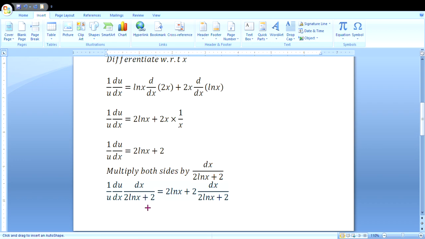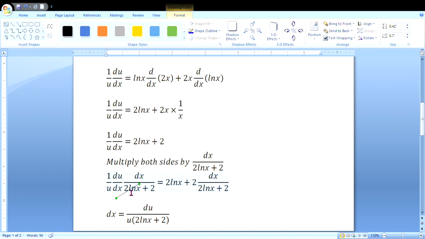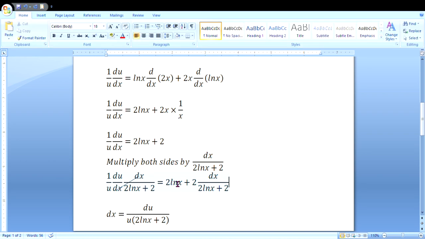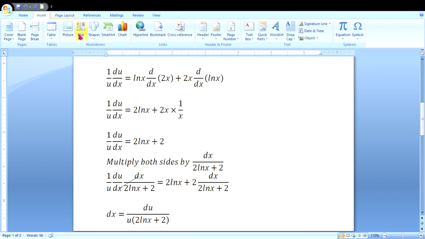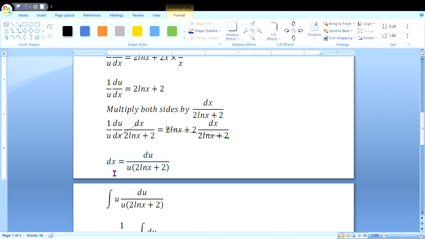Here you can see the dx will go off with the dx. Similarly, 2 ln x plus 2 will also cancel 2 ln x plus 2, so that dx is equal to du all over u open bracket 2 ln x plus 2 close brackets.